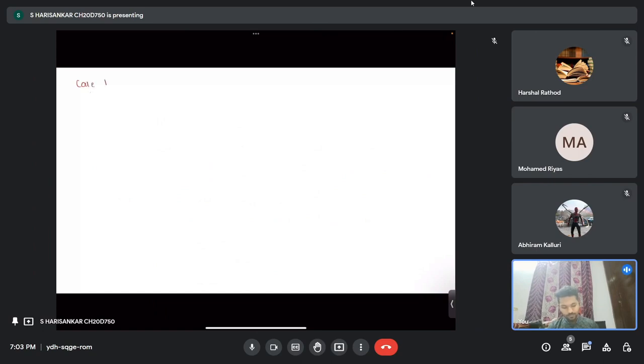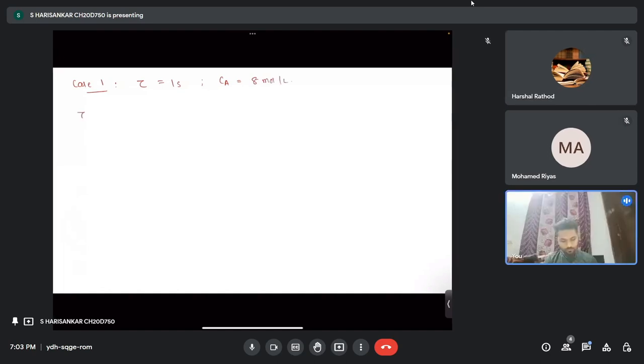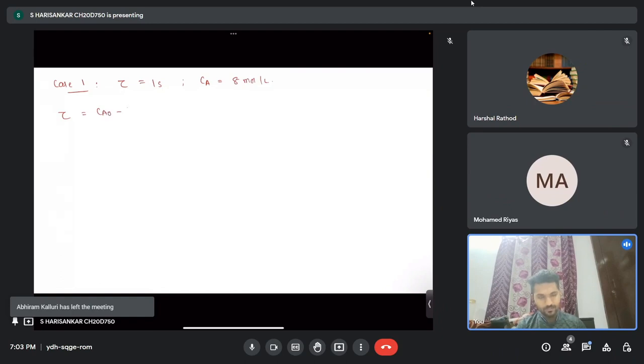In case 1, they have given the space time or the residence time as 1 second and the final outlet concentration as 8 mole per liter. So in the design equation, tau is equal to Ca0 minus Ca by minus Ra. Here 1 is equal to Ca0, the initial concentration they have given us, 10, and in case 1 the final concentration is 8. So 10 minus 8 by minus Ra.